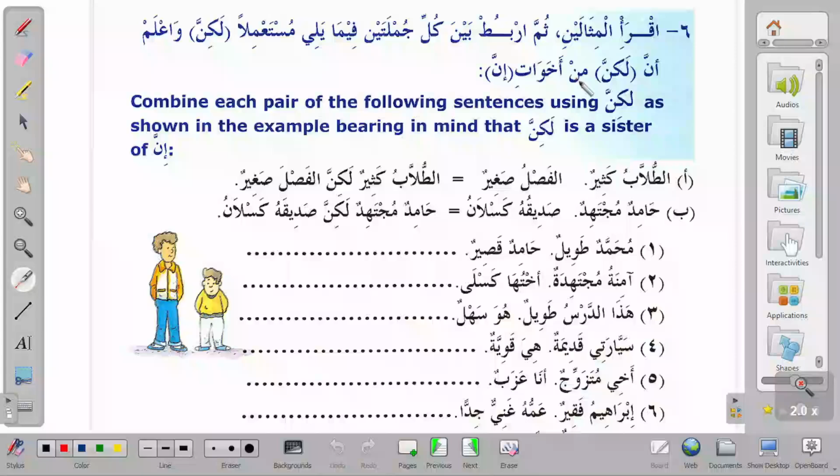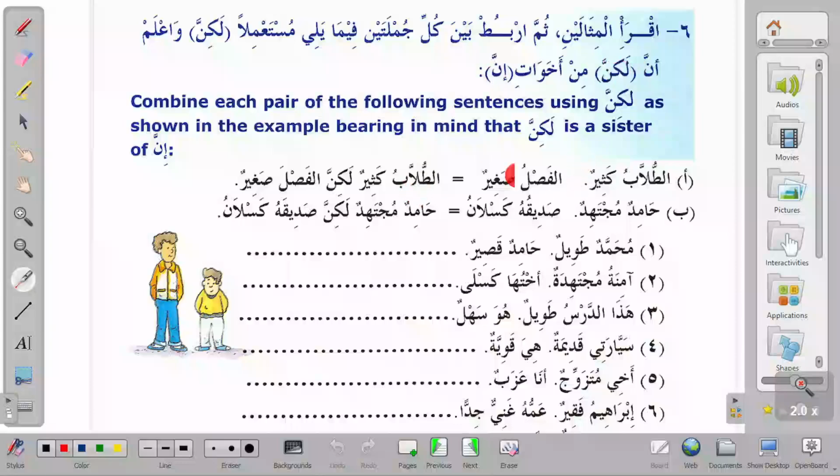When we say something is from the sisters of inna, it means whatever grammatical effect inna has, lakinna also has that same effect. They are in the same group. You can remember the ism inna is always mansub, and the khabar inna is always marfu. So the same thing will happen to lakinna.